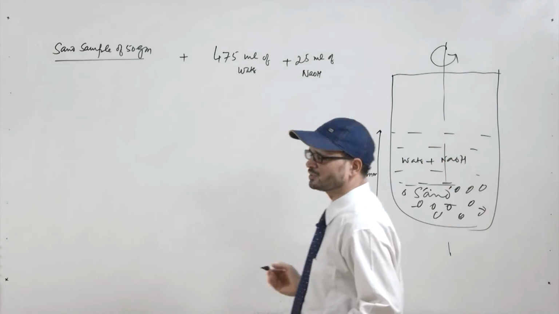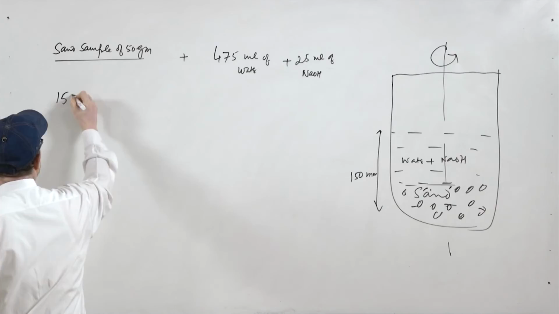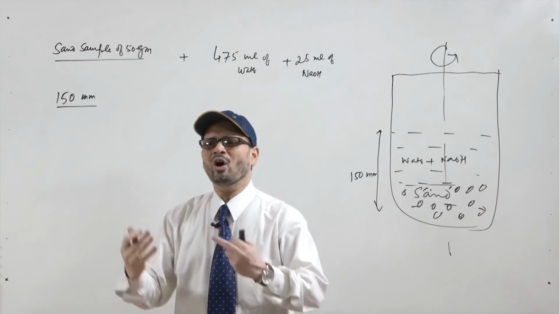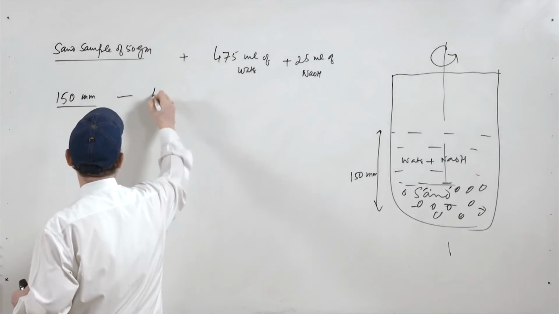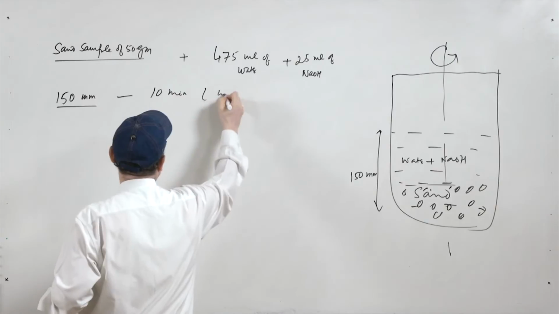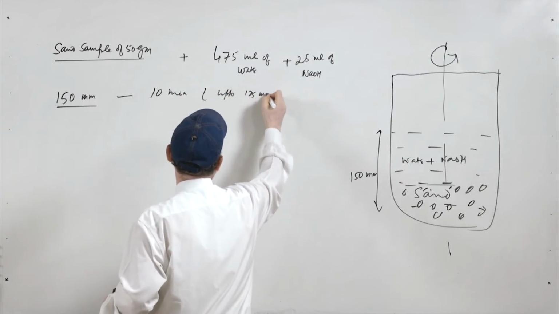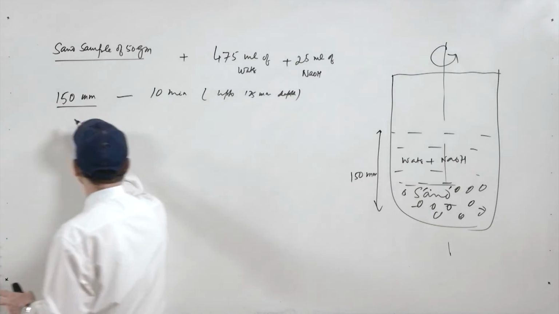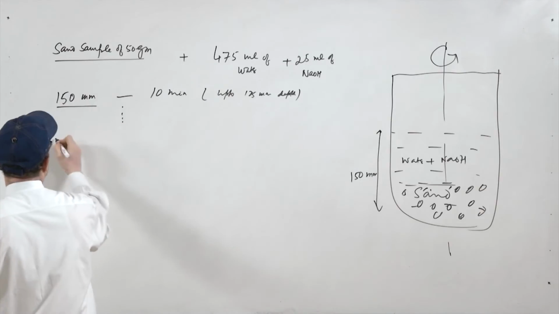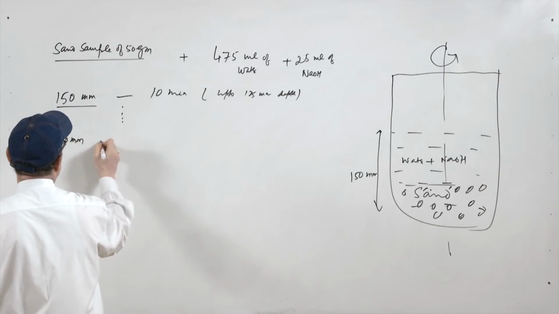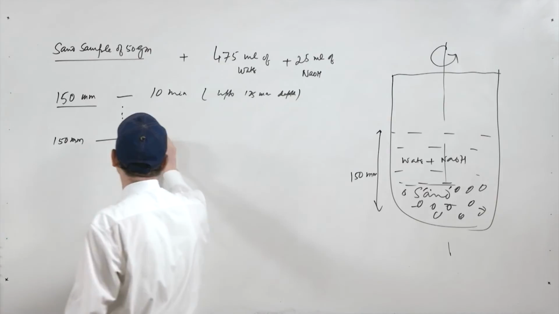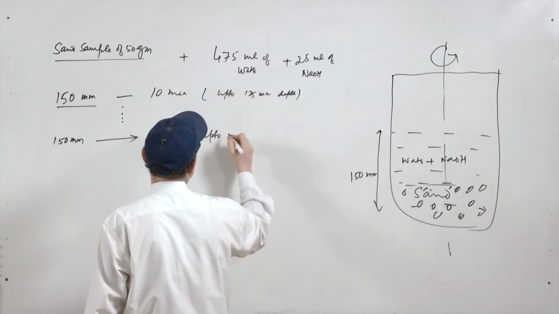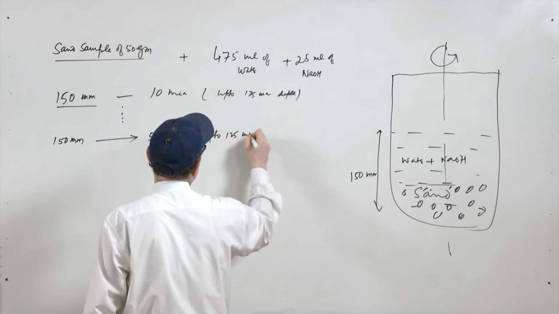Now, this 150 mm vertical length, initially you settle for 10 minutes and take the water out up to 125 mm depth. Further, after a few repetitions, you leave it for 5 minutes and then again evacuate up to 125 mm.